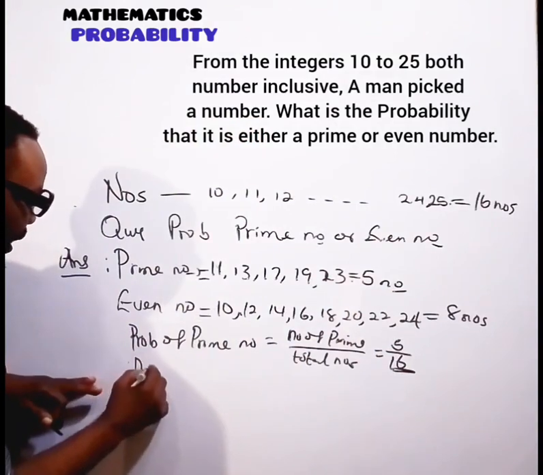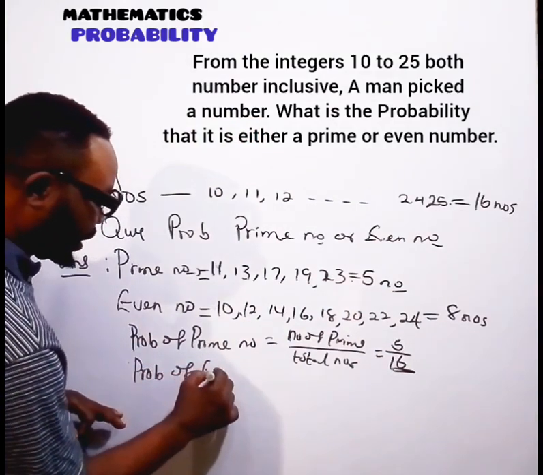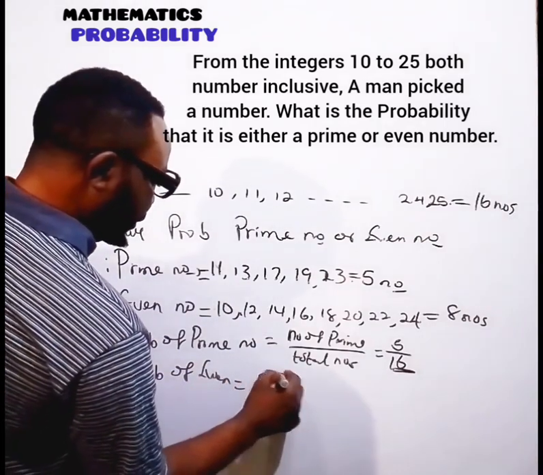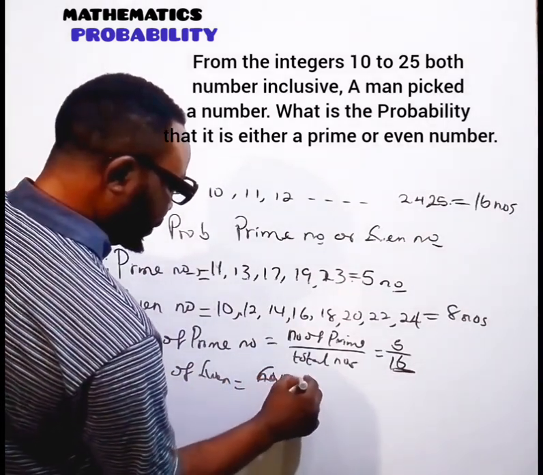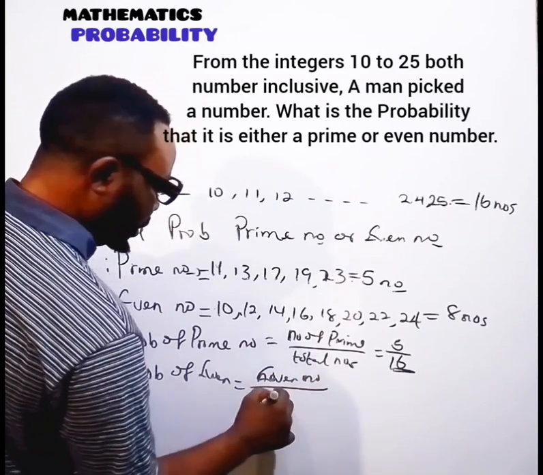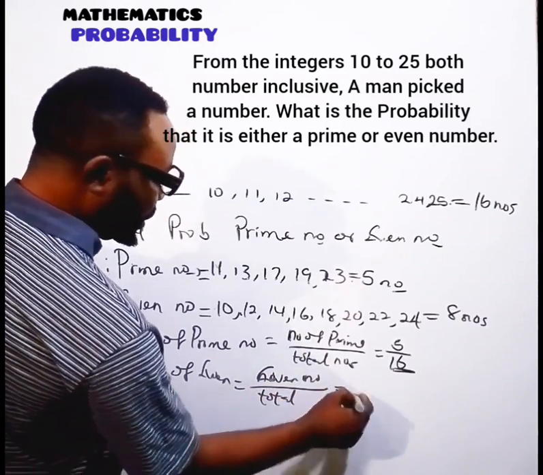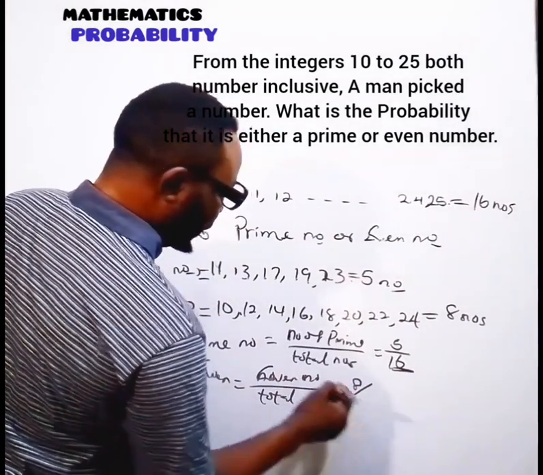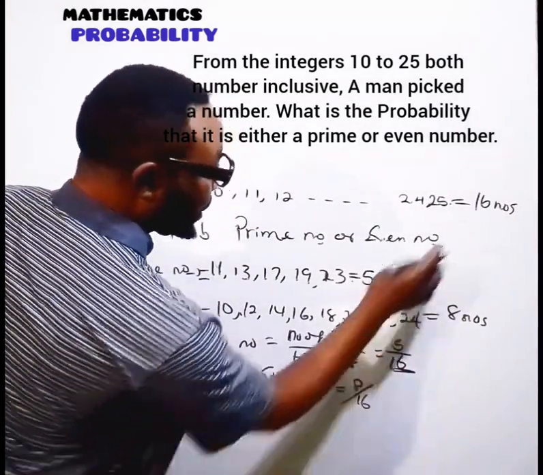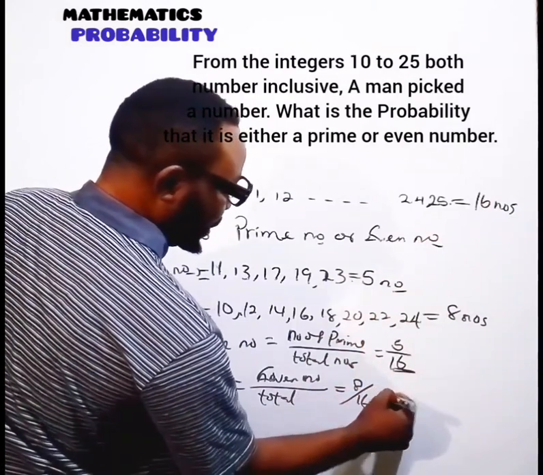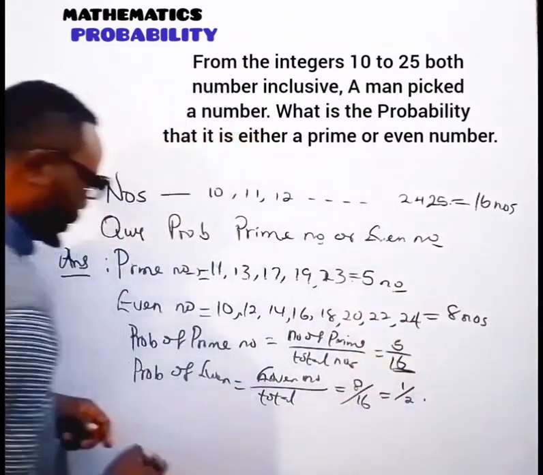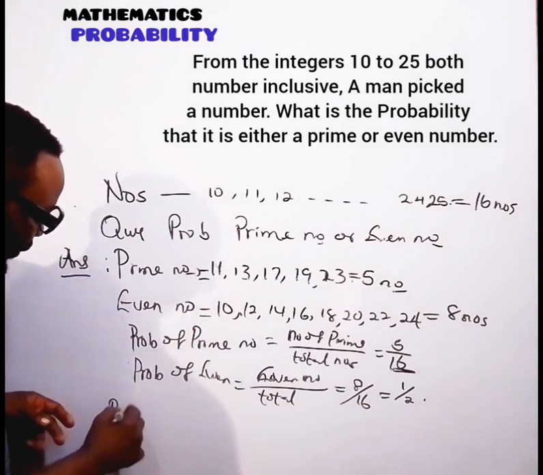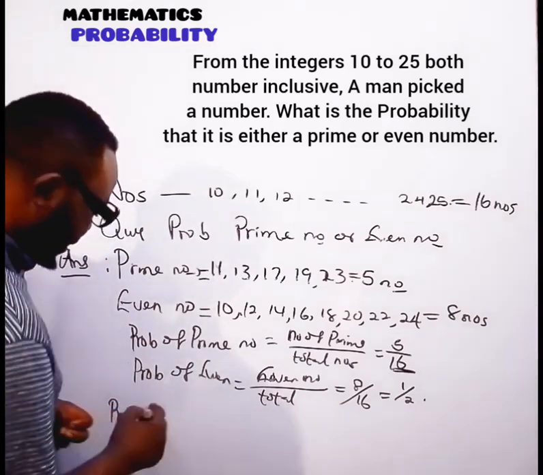Now, the probability of an even number will be the number of even numbers over the total number given to us. The even numbers we have there, how many of them? 8 all over 16, that's the total number. That's 1 over 2.